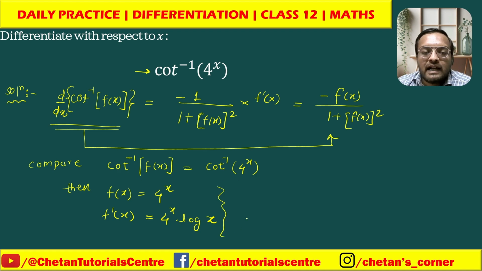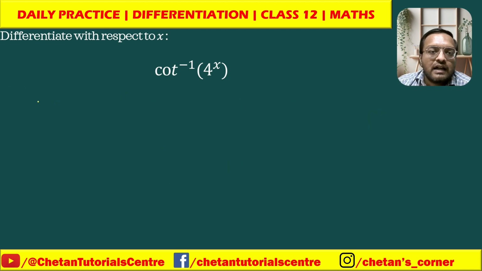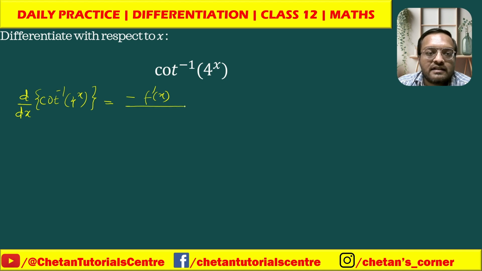Now I will put these values in given formula. Then what I will get? I will get derivative of given function with respect to x, that is d by dx cot inverse of 4 raised to x is equal to minus f dash of x divided by 1 plus f of x bracket square.